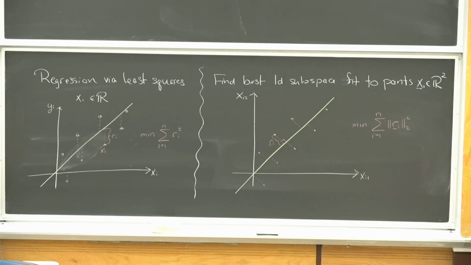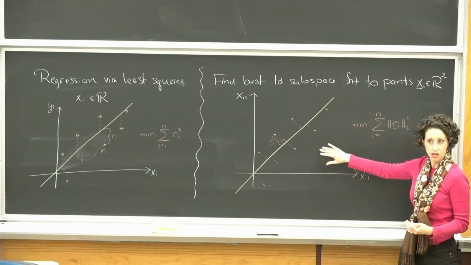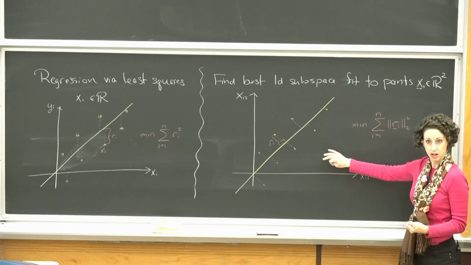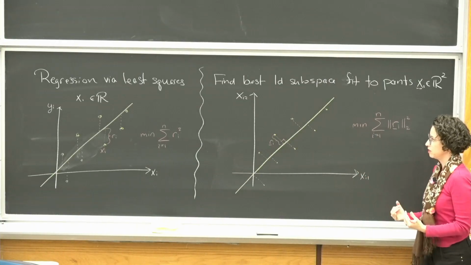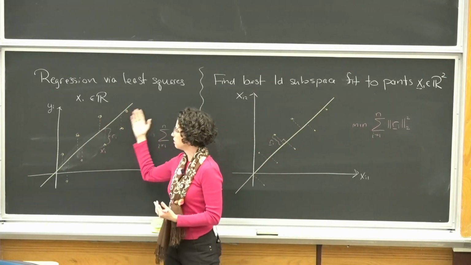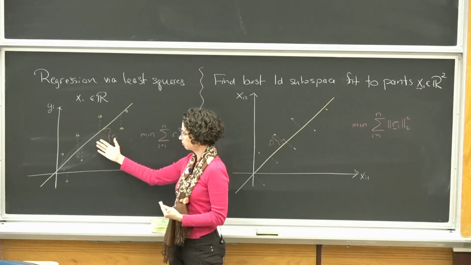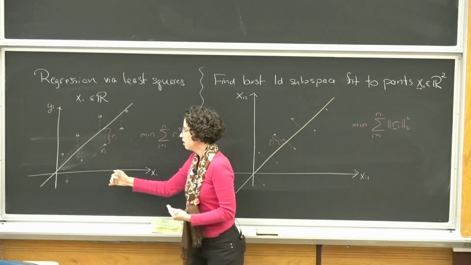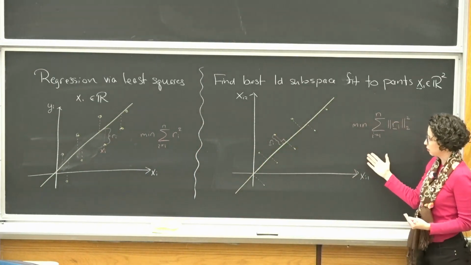Okay, so is the distinction here clear? We're still going to be using the ideas from least squares that we've covered previously in this class. But the geometry is a little bit different here, because instead of trying to find a line that corresponds to predictions, where we have labeled data, here instead we have no labels.